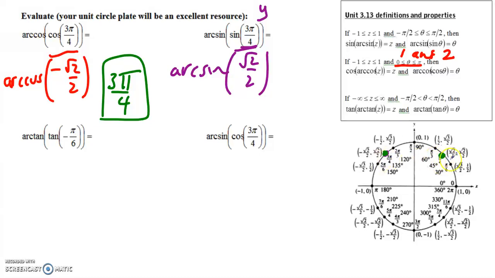This time, which one of these two is in the restrictions for arc sine? Well, arc sine is restricted to quadrants 1 and 4. This is the angle that is in the correct quadrant, not this one anymore. So my final answer is not 3 pi over 4. My final answer is pi over 4, because this works with the restrictions.